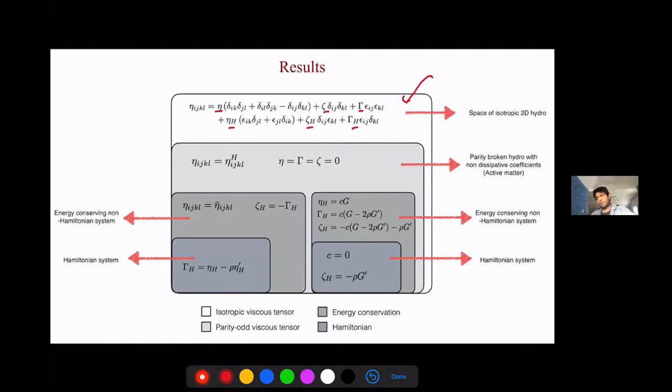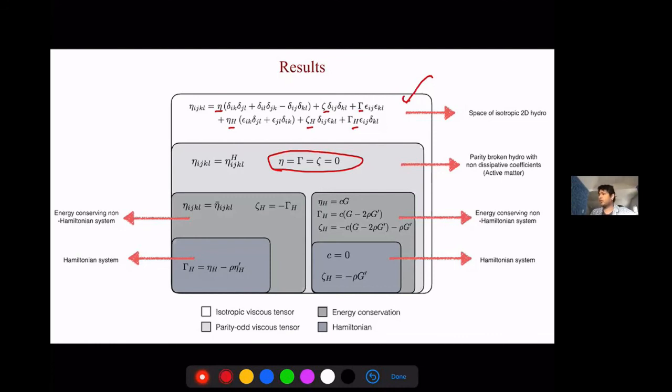And if I want to restrict only to non-dissipative systems, I go to a subset of them by setting the obviously dissipative ones to 0. The reason I say obviously dissipative is that the non-dissipative ones are also kind of energy non-conserving in some sense, so I'm using the language of not obviously dissipative.